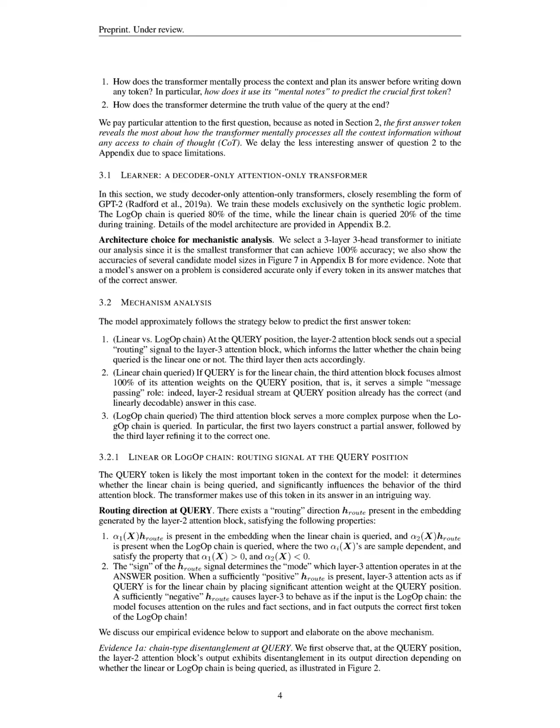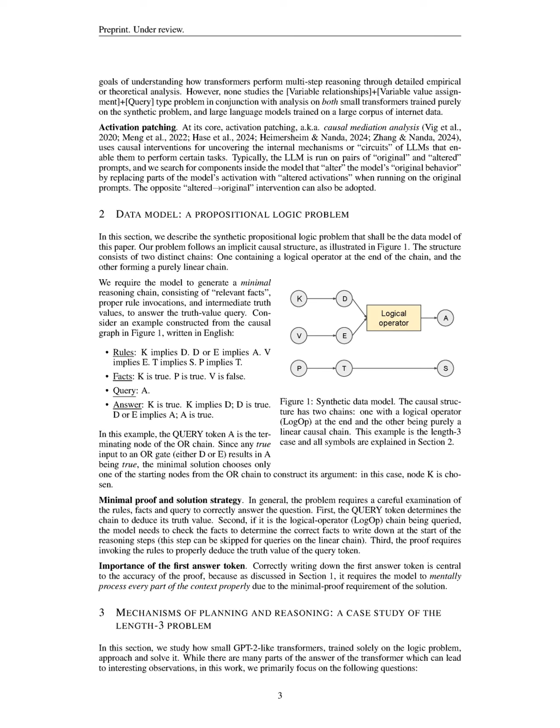Additionally, our interventions revealed that the routing signal at the query position significantly influences the model's reasoning pathway, determining whether it processes a linear or logical operator chain. These insights enhance our understanding of the internal mechanisms that enable transformers to perform reasoning tasks without relying on chain of thought.